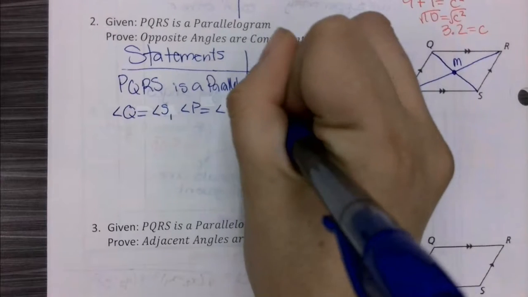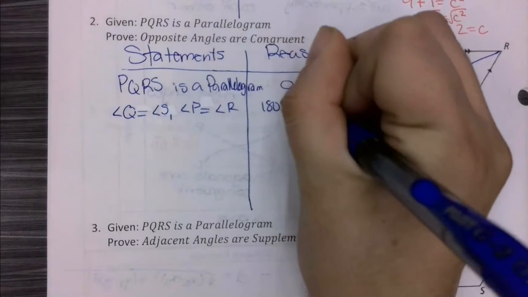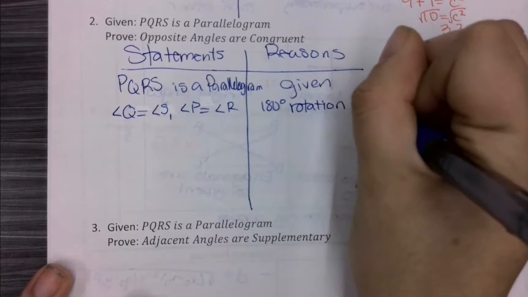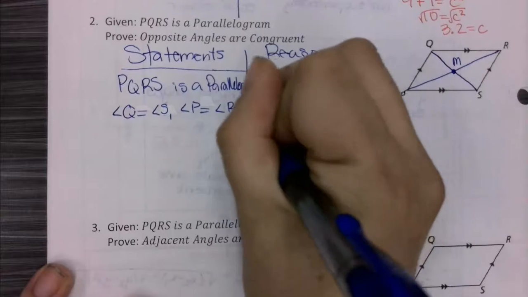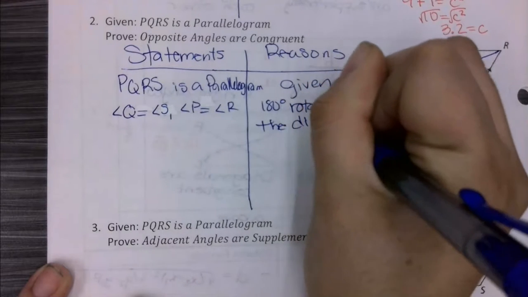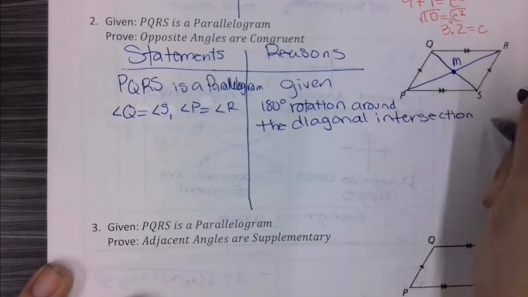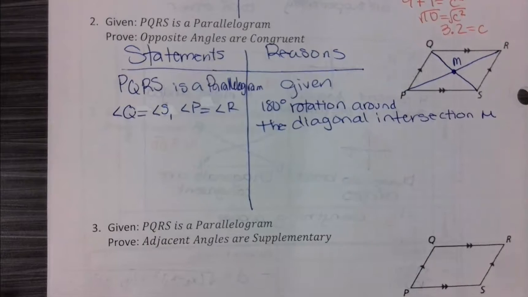And this is by the 180 degree rotation around the point M. Okay, but you can use reasoning with your statements when you're arguing. You could have done that too, yeah.